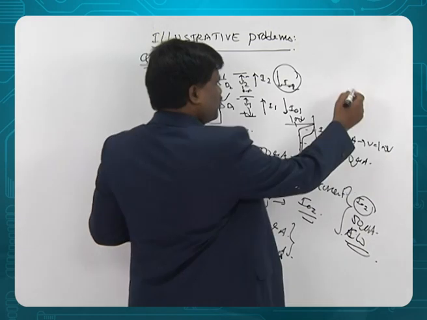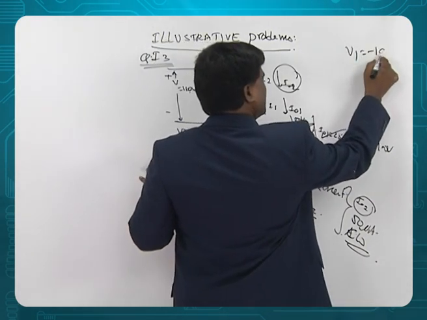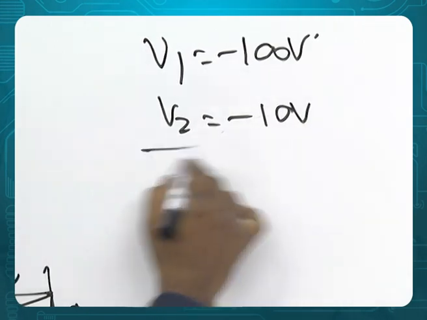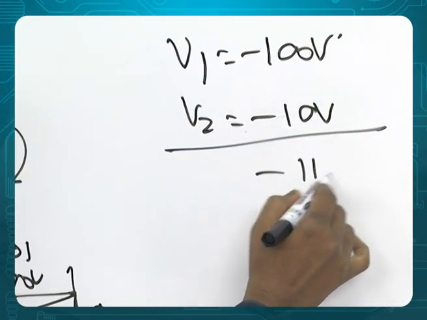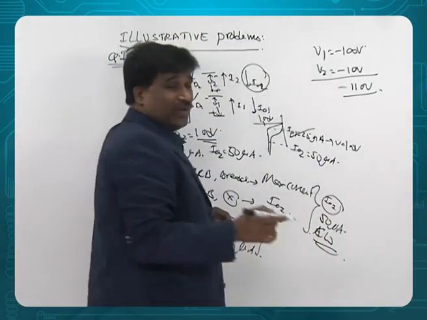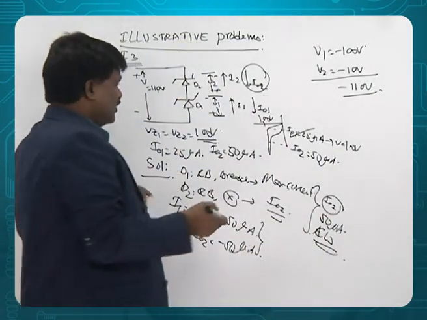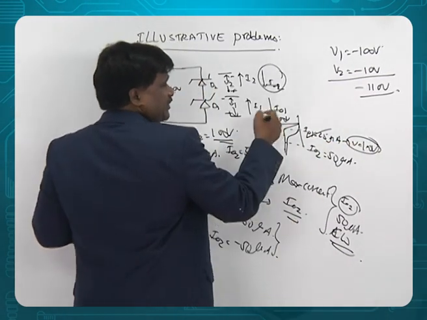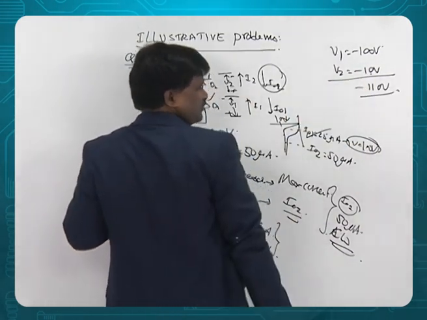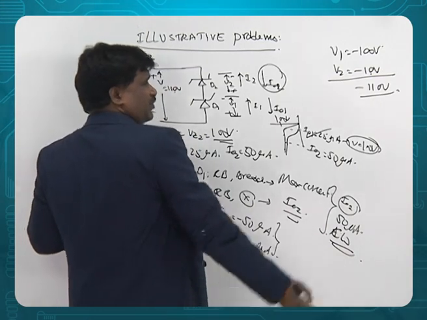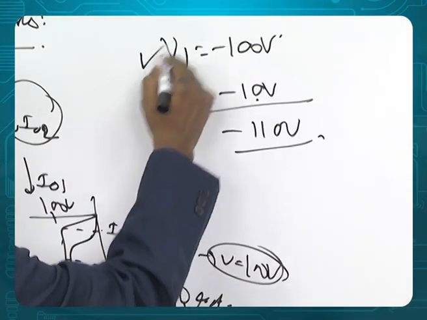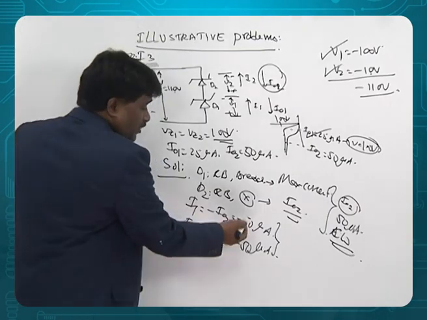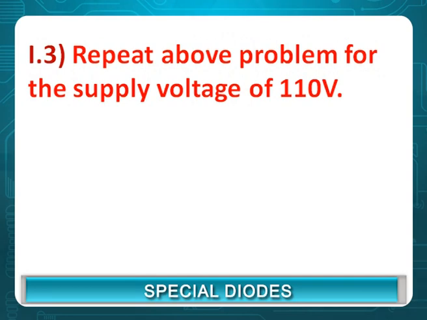I need to tell about voltages. V1 is directly 100, V2 is minus 10, and the total is minus 110. Why is V1 100? Once this is breaking down, it will take 100 volts and the remaining will come here. Therefore, the voltage across the first diode is minus 100, second diode is minus 10, and currents are both minus 50 and 50.